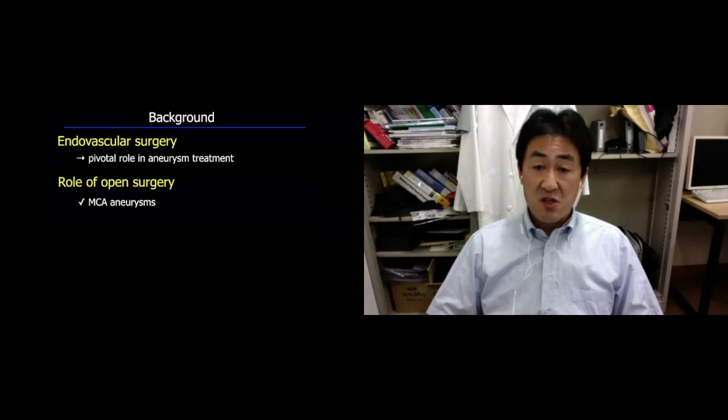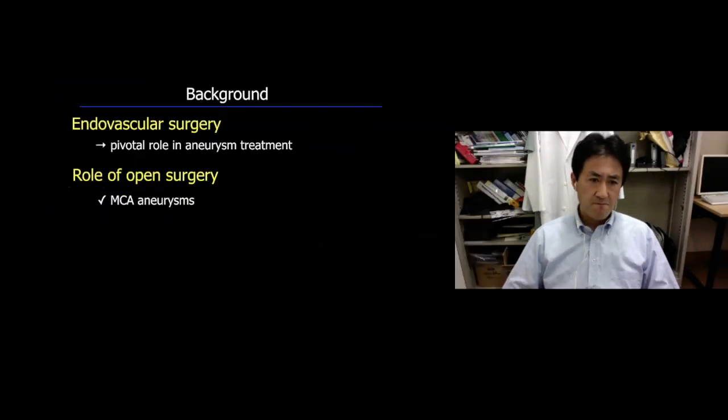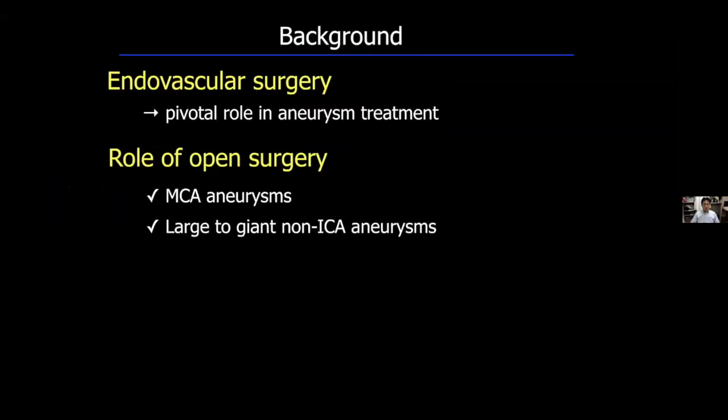All the previous literature to date advocates open surgery over endovascular surgery. Also large to giant aneurysms arising at the non-ICA intracranial arteries. In addition, extremely small aneurysms with wide neck, including the broad bristle-like aneurysm.